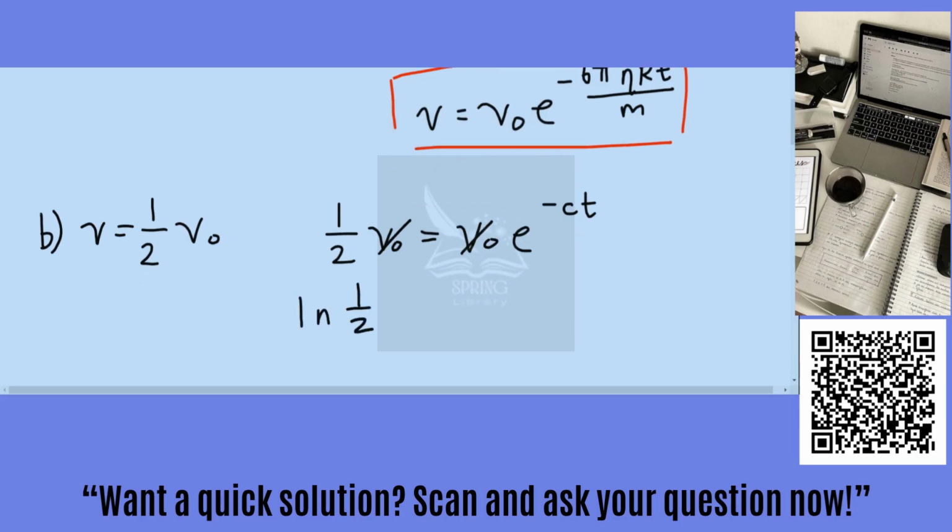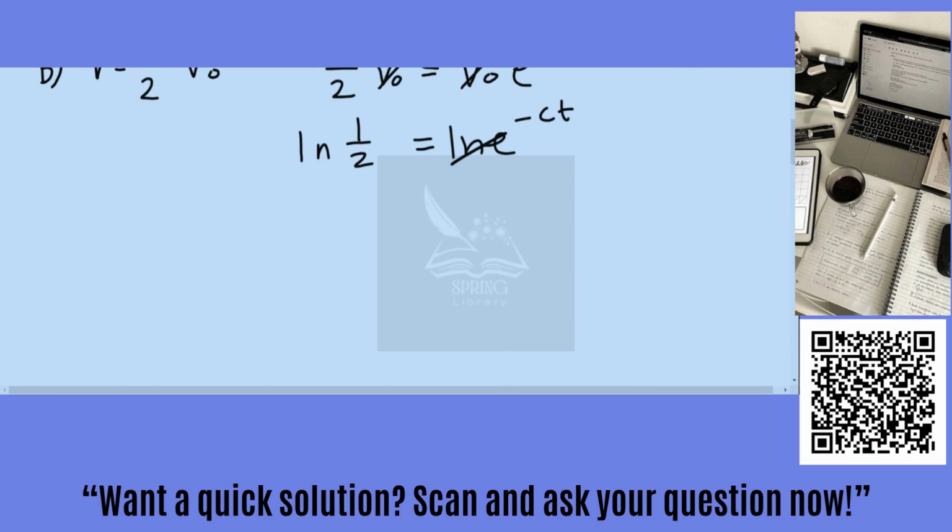So ln 1/2 equals ln e to the minus ct. And ln and e, again, cancel each other out. So we've got ln 1/2. That's equal to negative 0.693 approximately, and that's going to equal negative ct. Let's go ahead and cancel the negative, so we'll just make it positive on both sides.